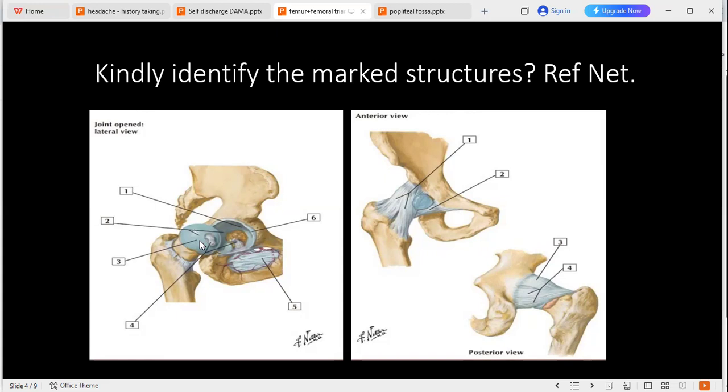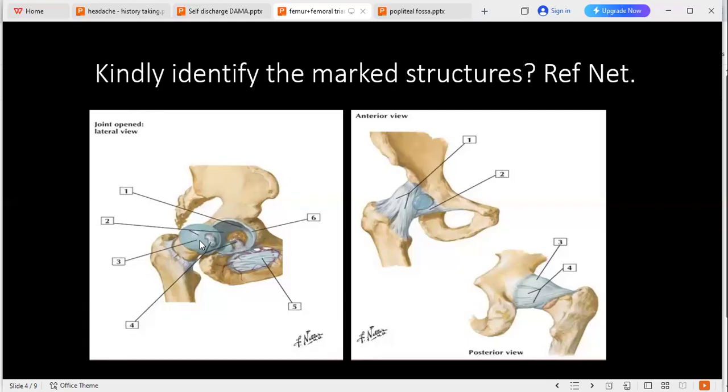Okay, what type of joint is the hip joint? It's a ball and socket variety of synovial joint. Good. What type of movements are present at the hip joint? Flexion, extension, medial rotation, lateral rotation.